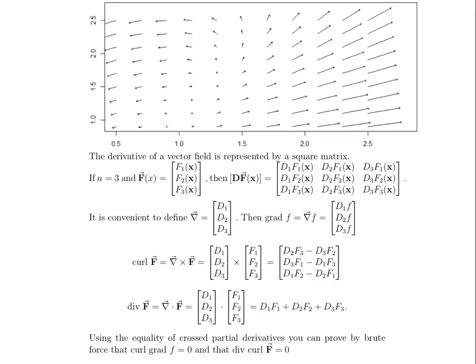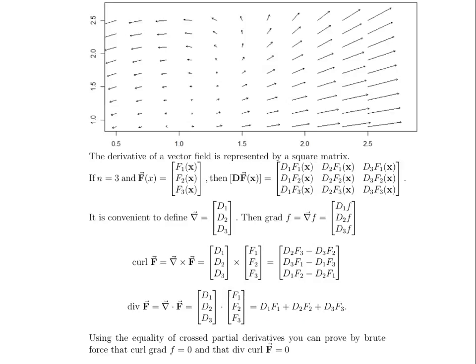There's also divergence of a vector field, which is del dotted with f. Note that this is a vector. This is a scalar valued function. This is a vector valued function. This is a scalar valued function. Here we have the divergence of a vector field is the equivalent of taking the derivative with respect to the first variable of the first component function plus the derivative with respect to the second variable of the second component function plus the derivative with respect to the third variable of the third component function.